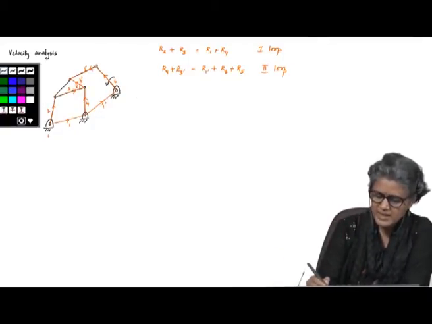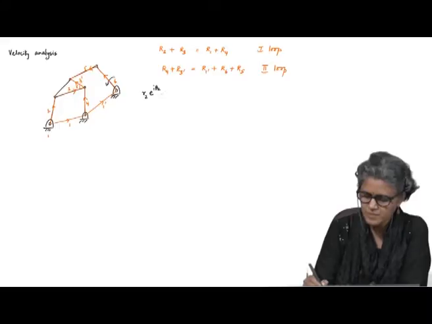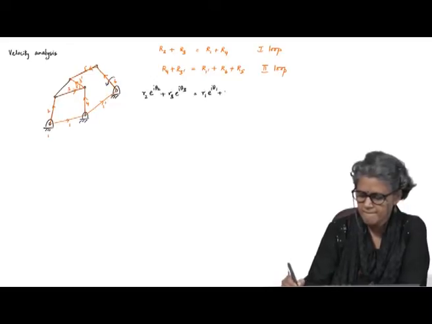Okay. I can write these as R2 e power i theta 2, and R4 e power i theta 4.